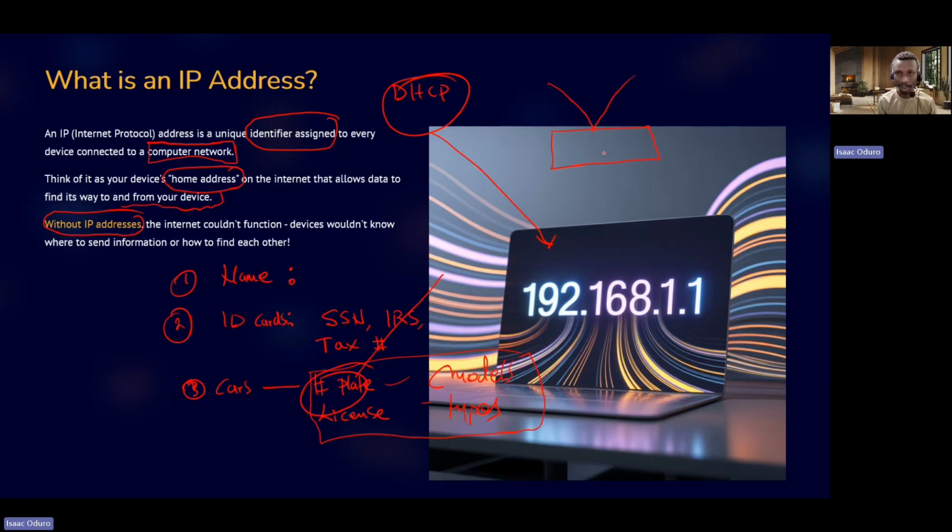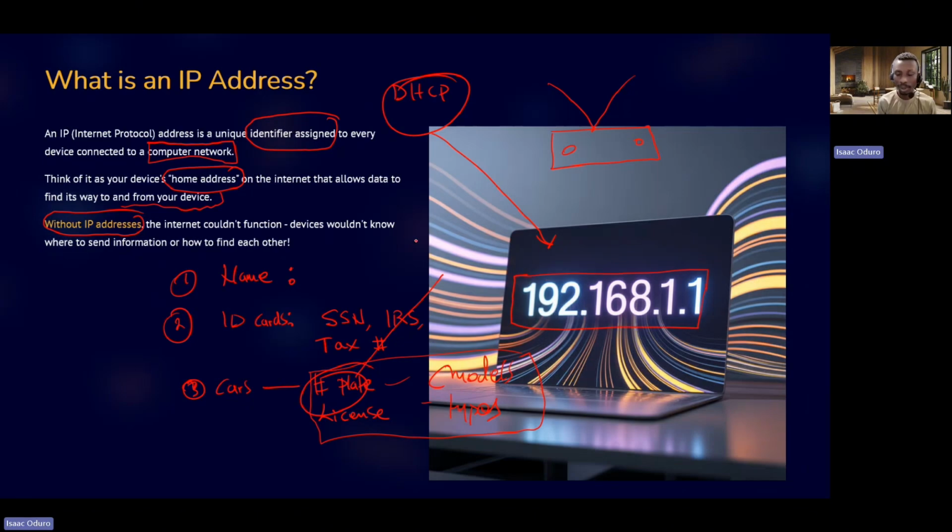Now, if your phone is connected to the router, your laptop is connected to your router, your computer is connected to your router, your TV is connected to your router at the same place, the same house. But if you want to send a file or a picture from your phone to your laptop, how is your phone able to discover the laptop? It is because of the laptop's IP address.